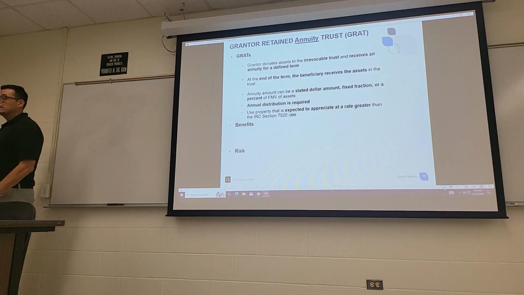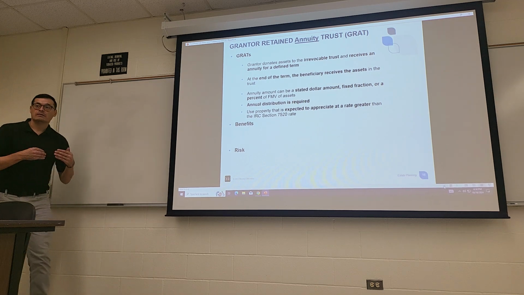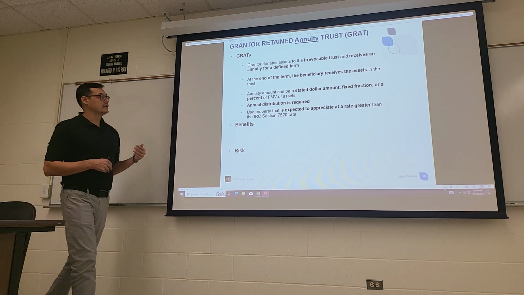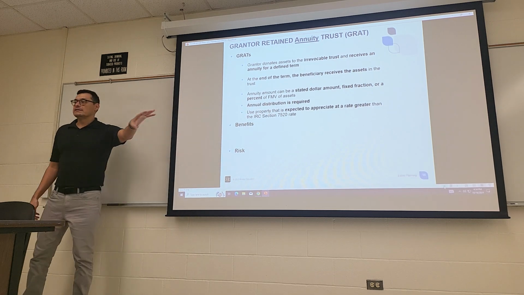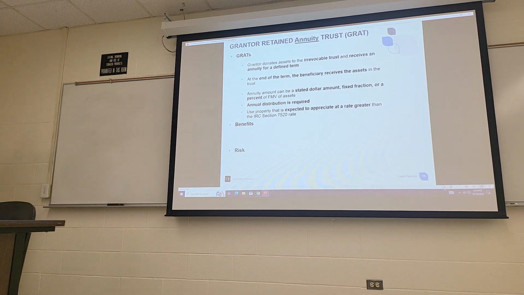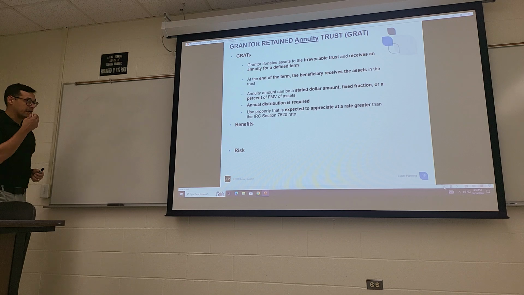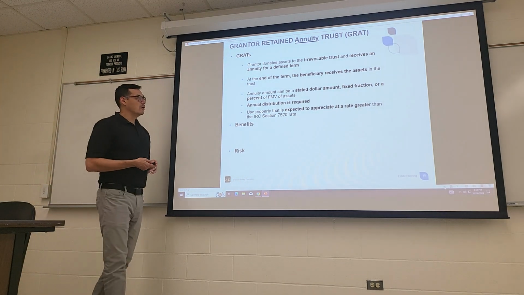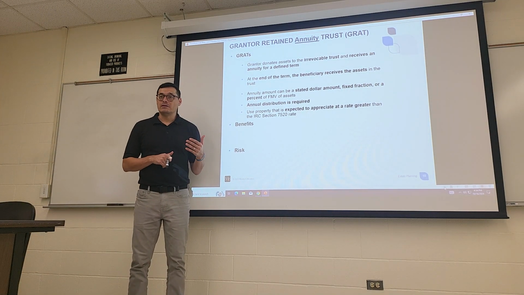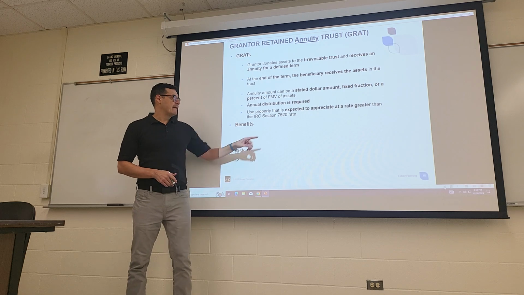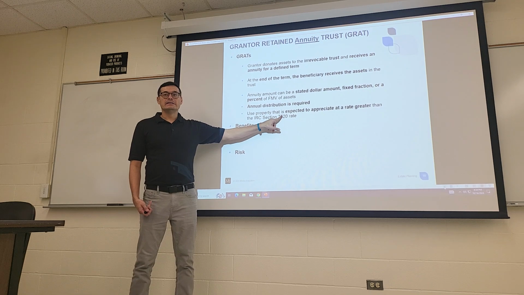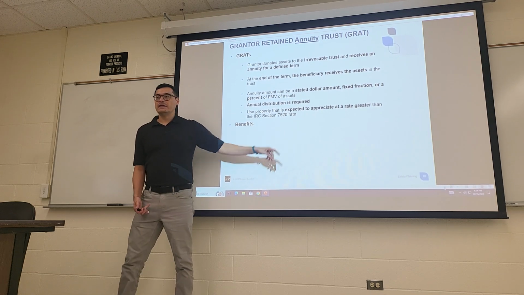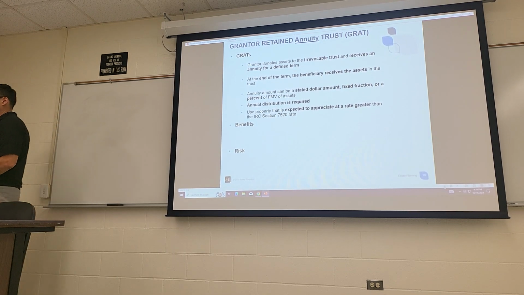Alright, so some consideration is coming back based on a fixed percentage, stated dollar amount, or whatever, of the assets that are transferred. Now, you can typically do a bargain sale, but you have to use the AFR rate if you're going to do a bargain sale. So anytime you want to use a GRAT, it's if the property is going to appreciate higher than the imputed AFR rate.